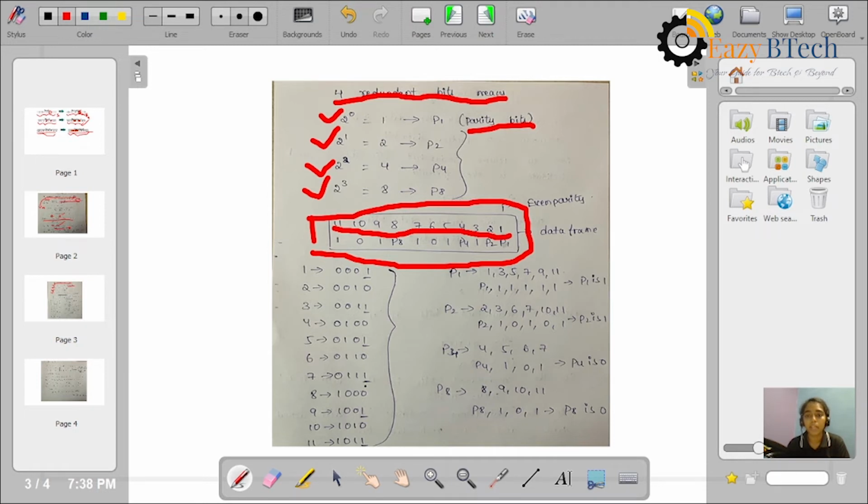Okay. P1, P2, P4, P8. So in these 4 positions, I inserted the redundant bits, right? The remaining are data bits. This is the entire data frame, right?